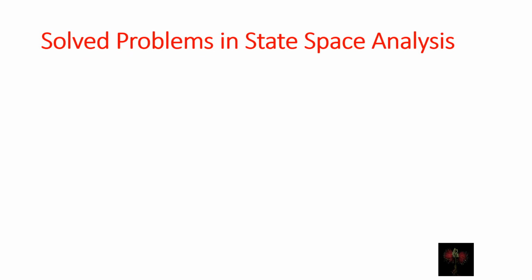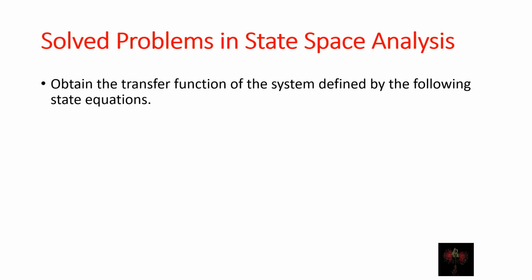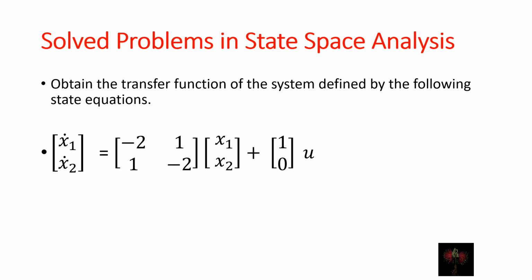Solved problems in state space analysis. Obtain the transfer function of the system defined by the following state equations. This is the given equation. x1 dot x2 dot matrix is equal to minus 2 minus 1 1 minus 2 matrix into x1 x2 matrix plus 1 0 matrix u.